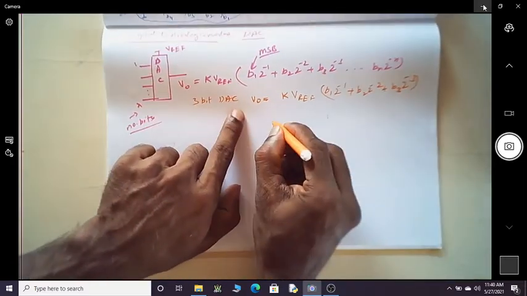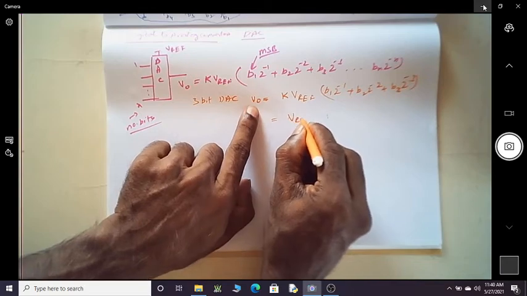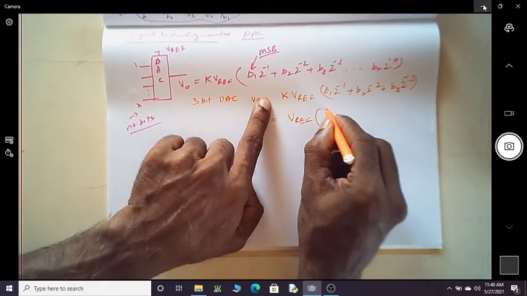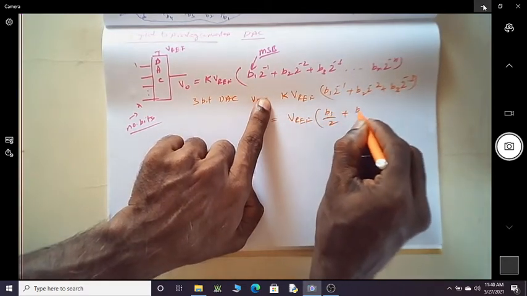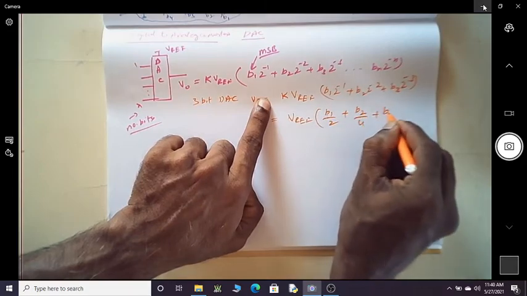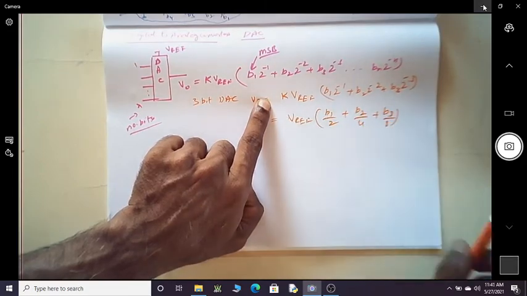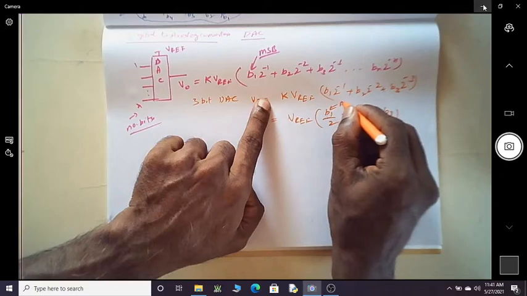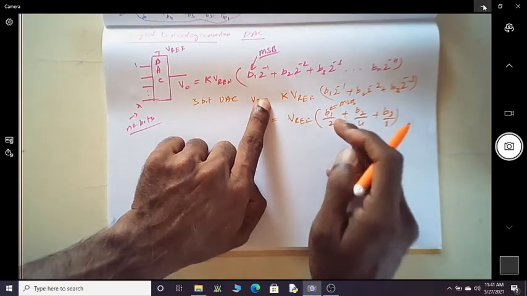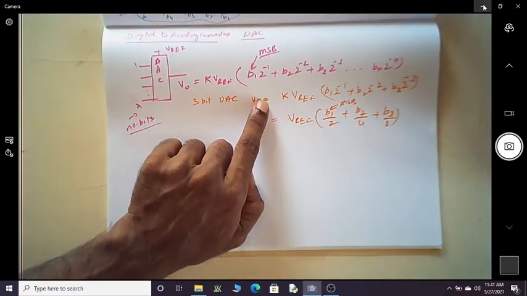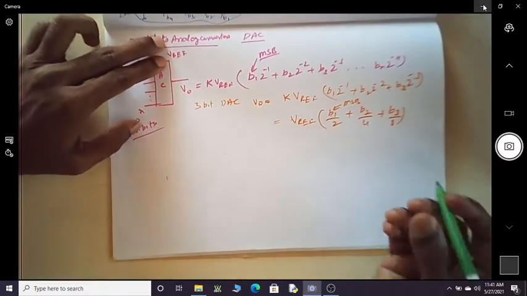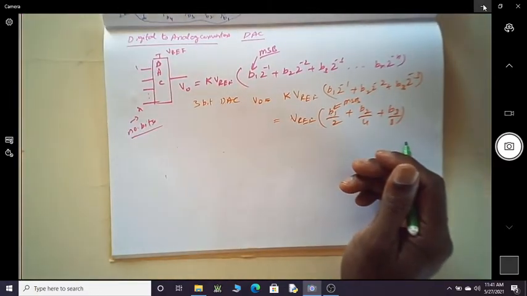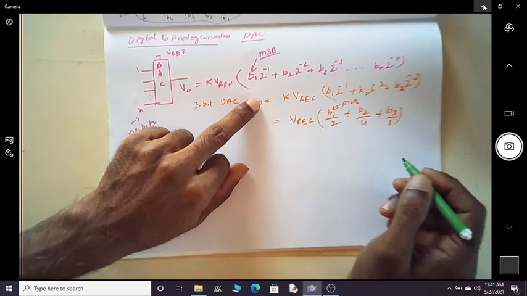So you can simply write V reference times B1 by 2 plus B2 by 4 plus B3 by 8, because we know that B1 is the MSB. It has got the maximum weight in terms of its contribution to the output V0.